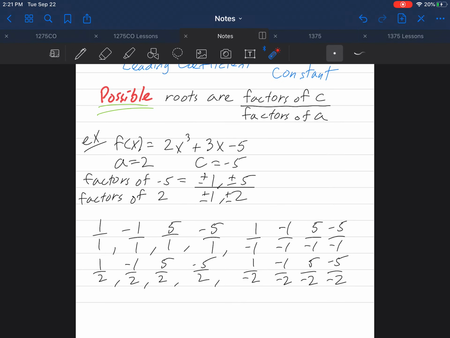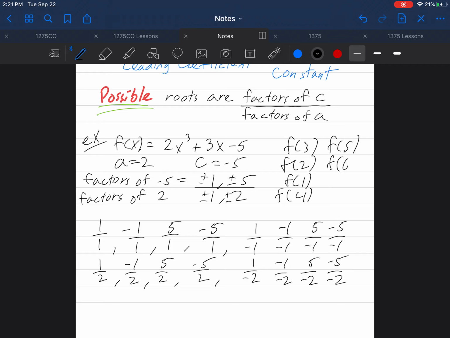16 possible rational roots. Now what this is saying is, for instance, is it possible that the number 3 is a root here, right? If we were to try to find a root, we would pick, maybe, and evaluate f of 3, f of 2, f of 1, maybe f of 4, f of 5, f of 6.